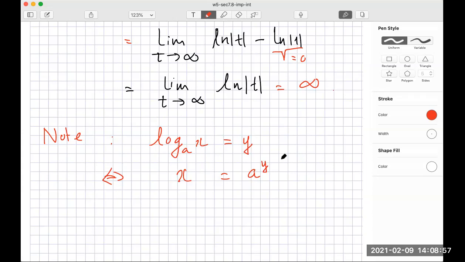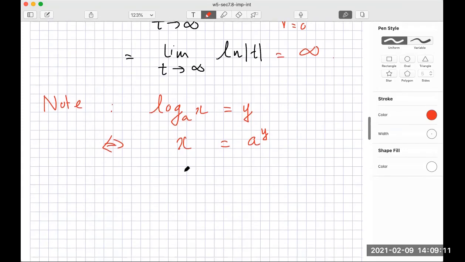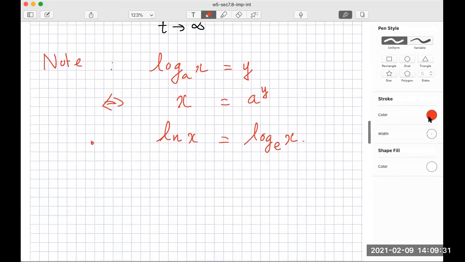Do you remember this? Remember, if log base a of x equals y, this implies that x equals a to the y. And natural log of x, by definition, is nothing else but log base e of x. Now, take a look at this: natural log of t.